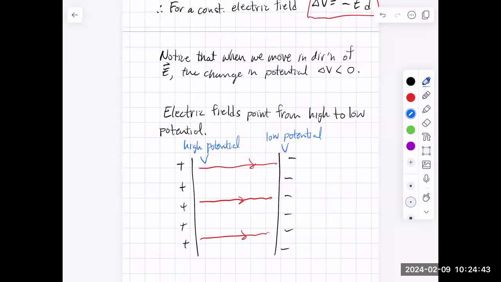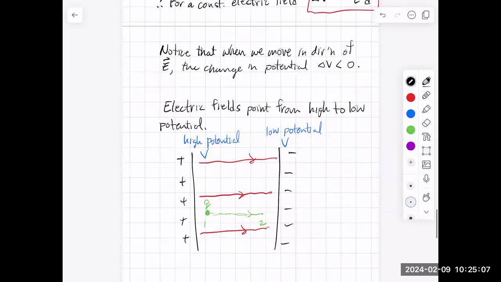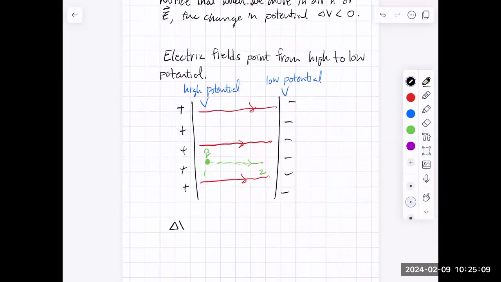All right, we could think a little bit more about this even. So if we had a charge Q in here, and we move it from position 1 to position 2. Well, let's calculate the change in potential energy. What I want is the change in potential energy.